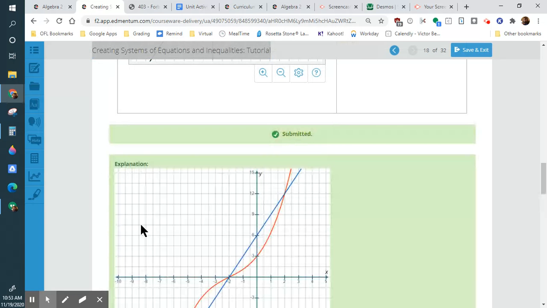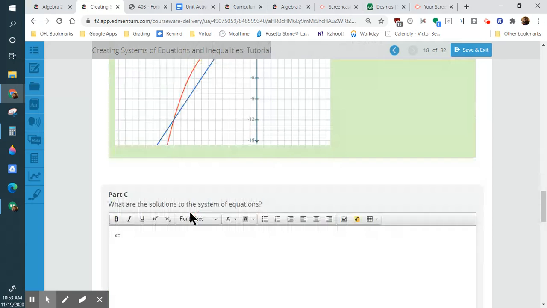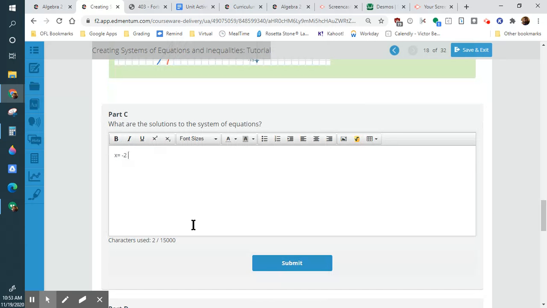I'm going to submit that, and you'll see it's the same thing. So what are the solutions to the system of equations? So the solutions are x equals -2, but you can't have a negative side, so it is not viable. -2 and 2, but you can't have a negative side, so -2 is not viable.